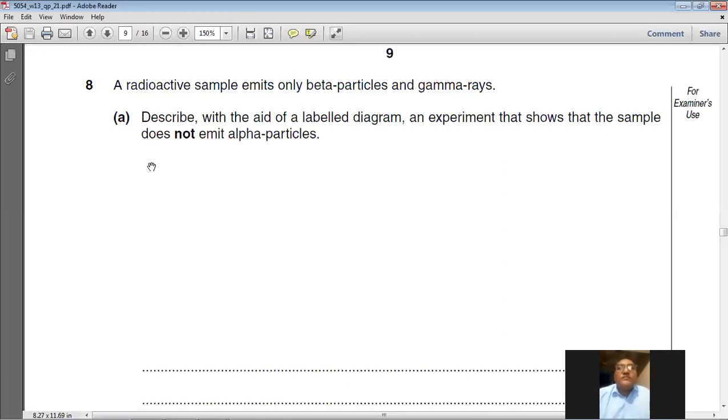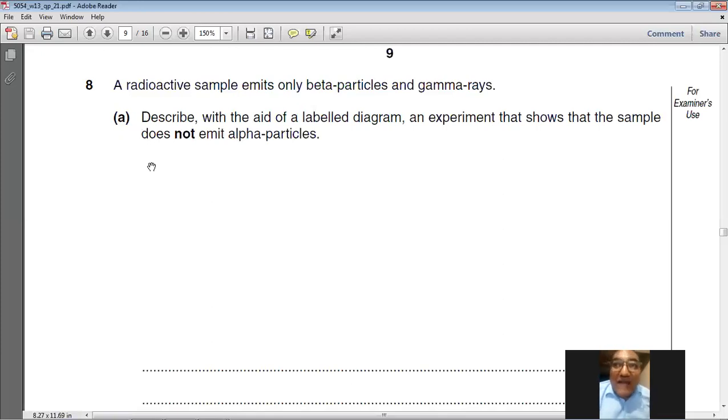Now, put a paper between the sample and the GM tube and check the count rate. If there is no change in the reading on the count rate, it means that alpha particles are not being emitted from the sample, because alpha particles cannot penetrate through paper.